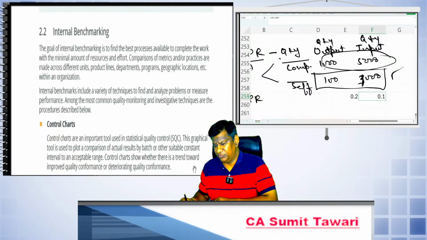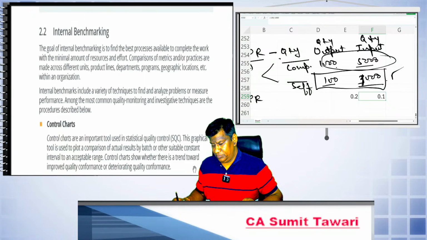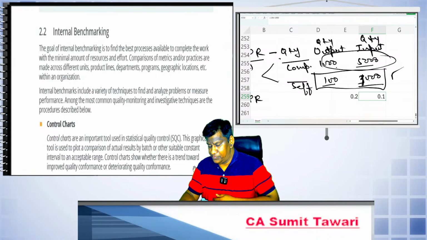Just a minute, for 1000 in output I need 5000 quantity, and for 100 output I need 1000 quantity. It is the 20% of the production, 10% something.